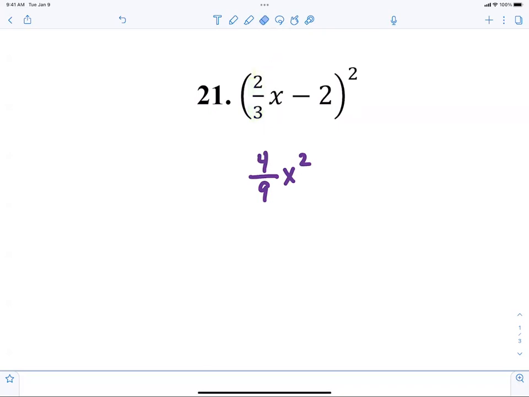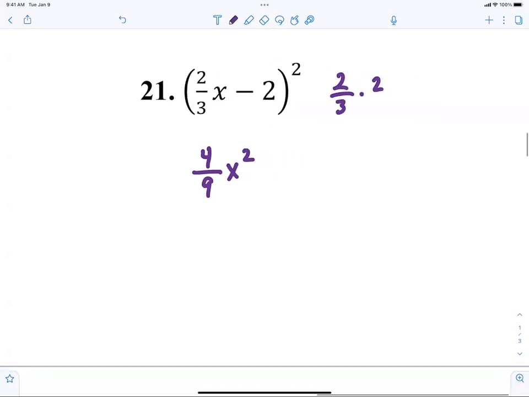Jolie, what's 2/3 times 2? I got 4/3. Yes, thank you. And then times 2 again. Wait a minute, 4/3 times 2. You're multiplying by 2, not squaring.